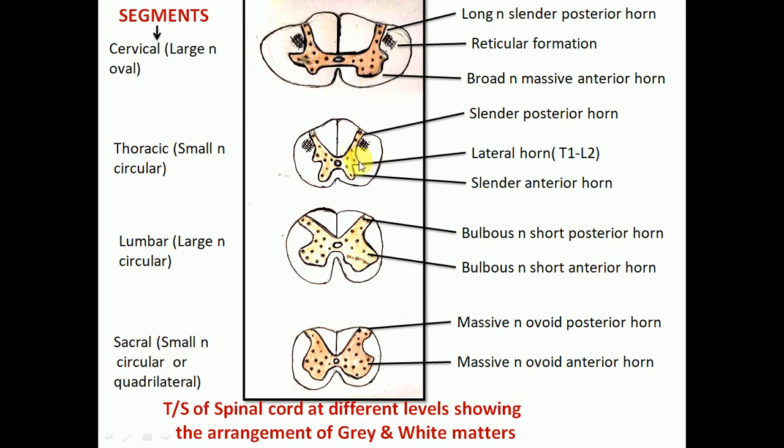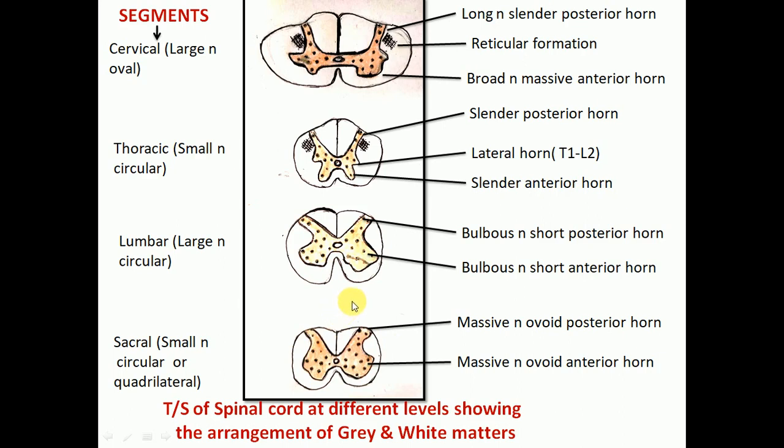In the thoracic region, it is small and circular in shape. In the lumbar region, it is larger but circular in shape. In the sacral region, it is smaller and circular to quadrilateral in shape.